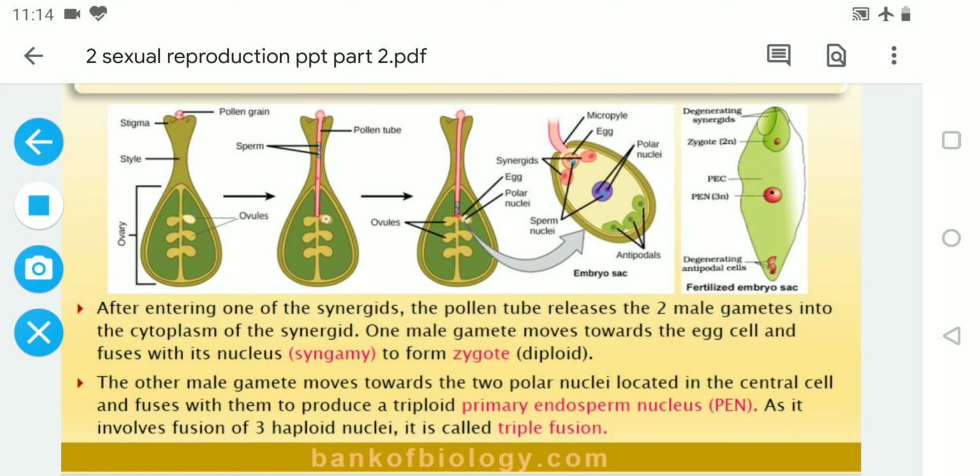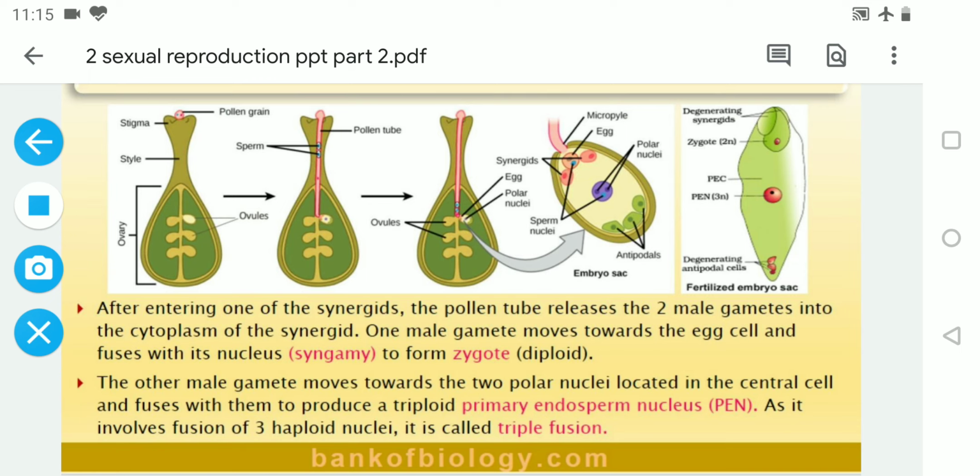Then what about the other one? The other male gamete moves towards the two polar nuclei located in the central cell and fuses with them, the polar nuclei. You can identify and observe. When the other male gamete moves towards the polar nuclei in the central cell and fuses with them, it produces a triploid, because the polar nuclei together contain 2n and the male gamete is n.